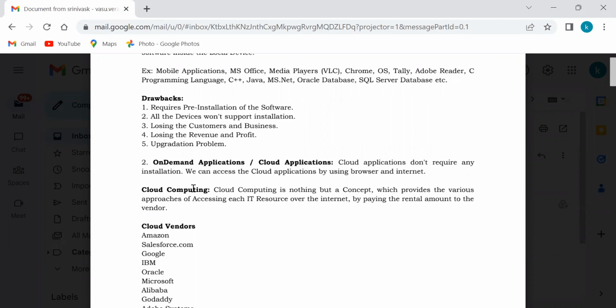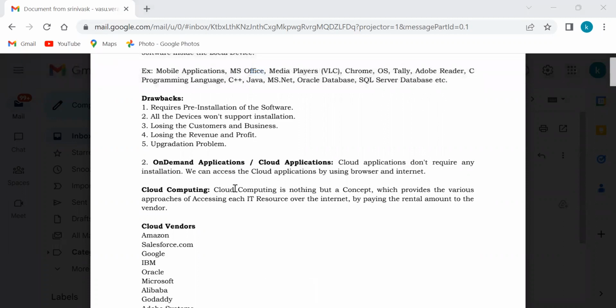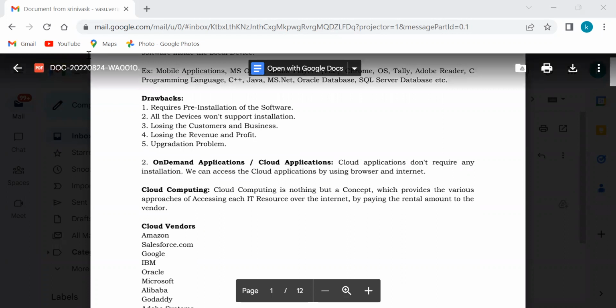That means instead of investing millions or crores of rupees, just by paying some rental amount to the vendor, we can access various applications or various IT resources over the internet.